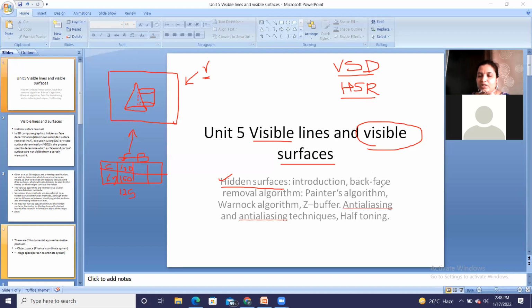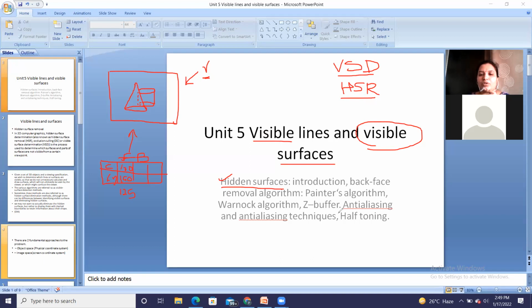The name itself gives you an idea: the backside face of the object gets removed with the algorithm. So backface removal algorithm, Painter's algorithm, then Warnock algorithm, Z-buffer algorithm. These are the 4 points we are going to learn for visible surface removal, visible surface detection, or hidden surface removal.